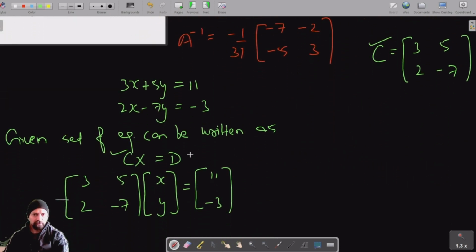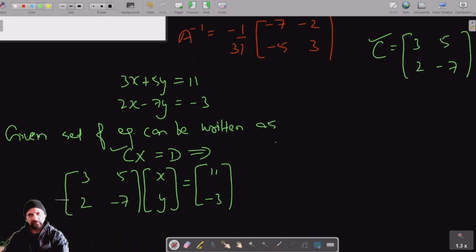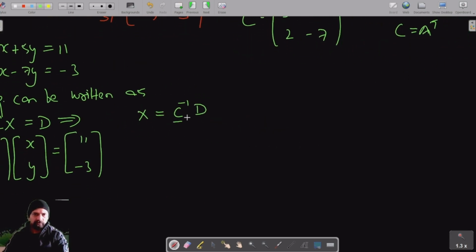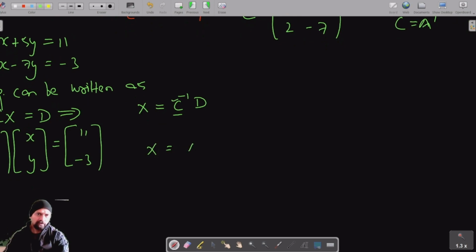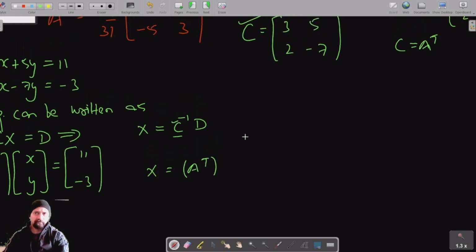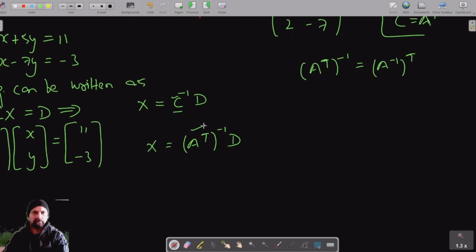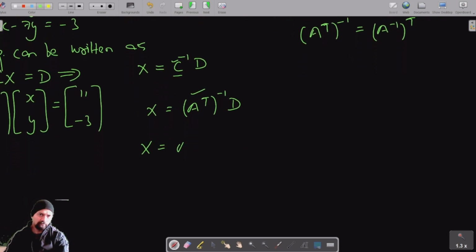And for this equation here, we have to find X. So X is equal to C inverse D. And now C is equal to A transpose, so instead of C, I can write A transpose. It's inverse D. Now the inverse of the transpose is equal to the transpose of the inverse. So I can write this as X is equal to (A inverse) transpose D.